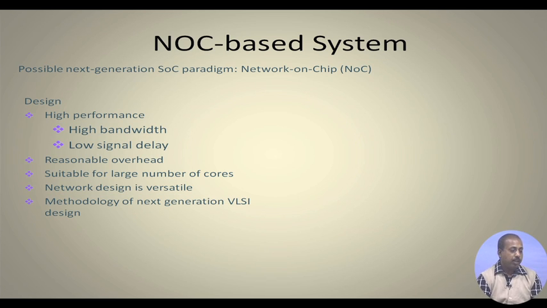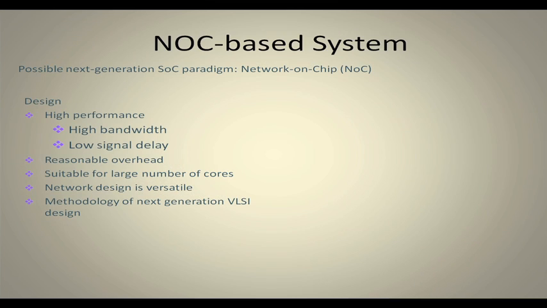It is suitable for a large number of cores. For fewer cores, we can do with point to point or bus based connection, and they do not cause any harm. However, when we have a large number of cores, communication between them becomes a problem in an SOC. So an NOC based system can do better communication.